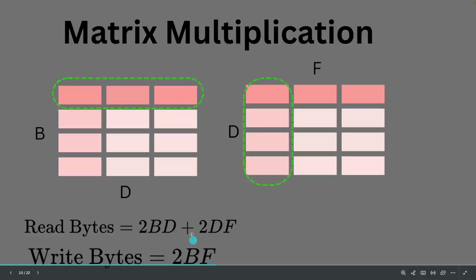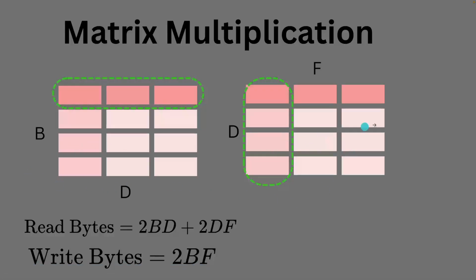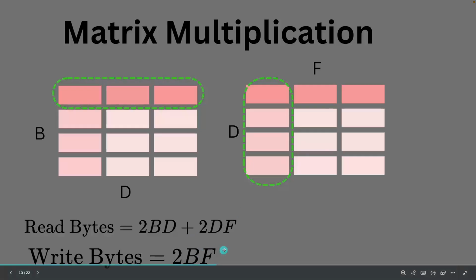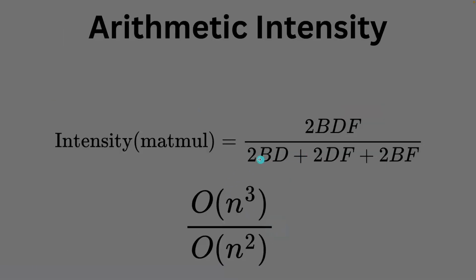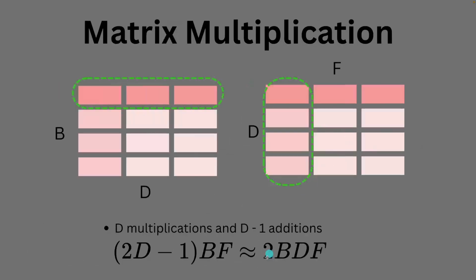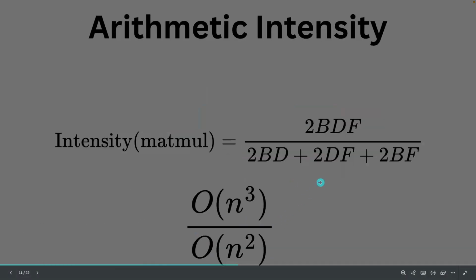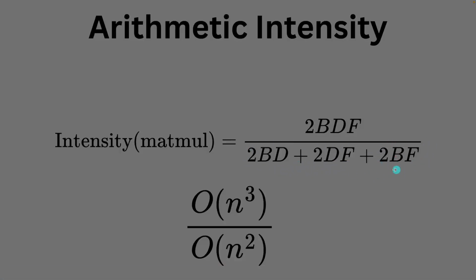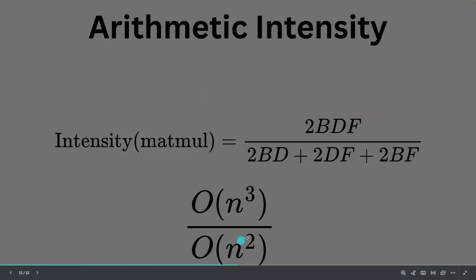While writing back, this resultant matrix multiplication produces a bf matrix, b and f, so you need to write back 2bf. So your arithmetic intensity is 2bdf, which we got from here, divided by your total read and write, which we calculated here.